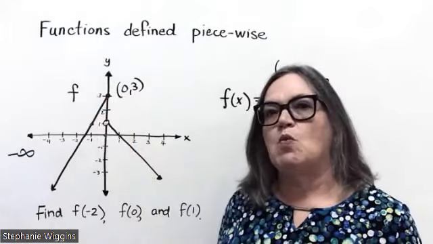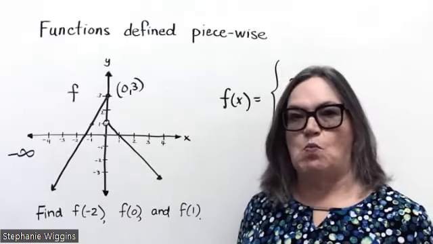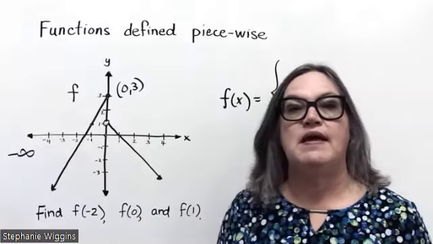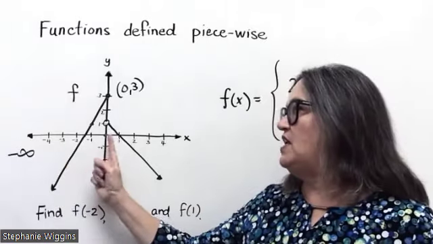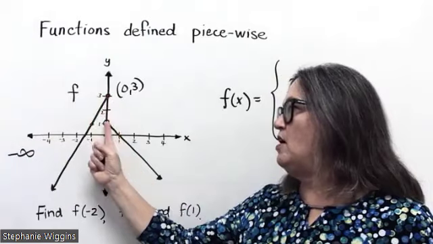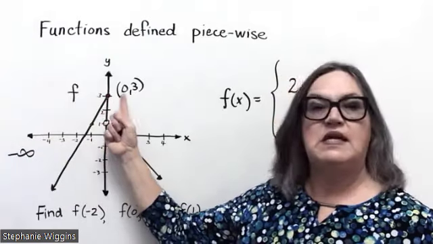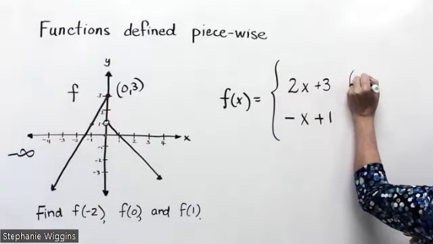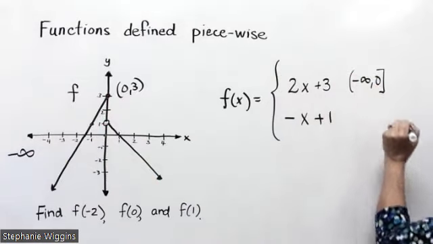But remember, we're talking about the domain. Where is the function 2x plus 3? That would be from negative infinity to this spot right here, but the x value is 0. So we're going to say from negative infinity to 0, including 0.